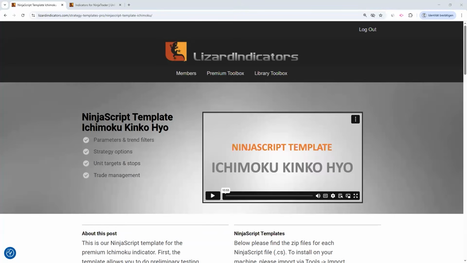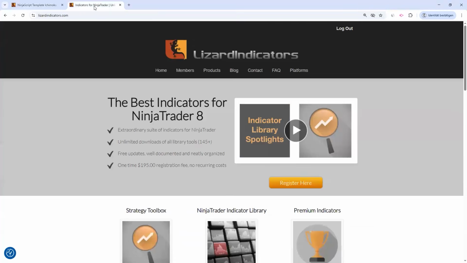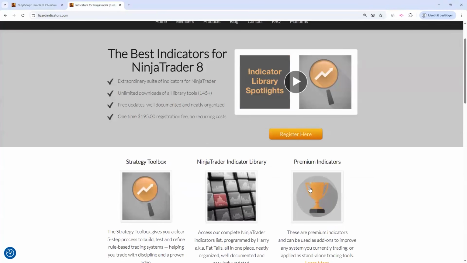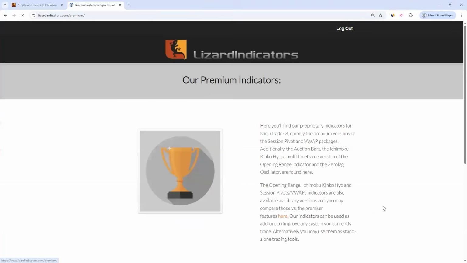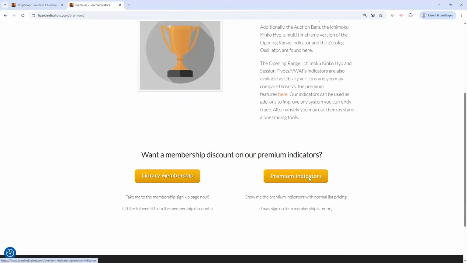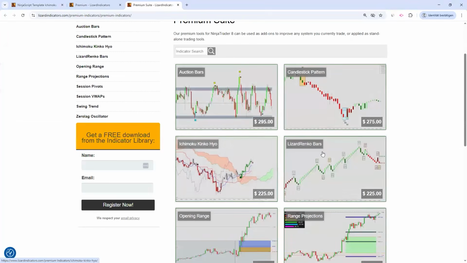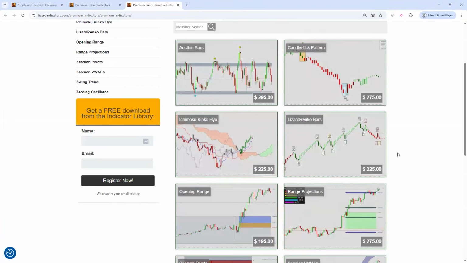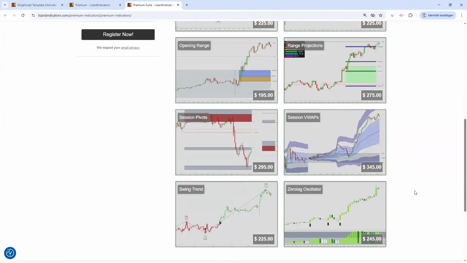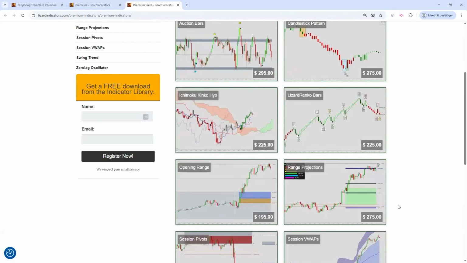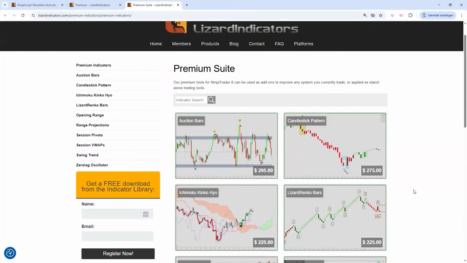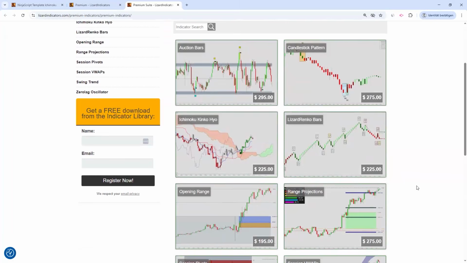So will this work with other premium chart traders? It's developed for our premium suite. So if you go to the home page, you'll find our premium indicators here. We've started with the most important entry timing tools, those giving signals that you're able to test immediately.